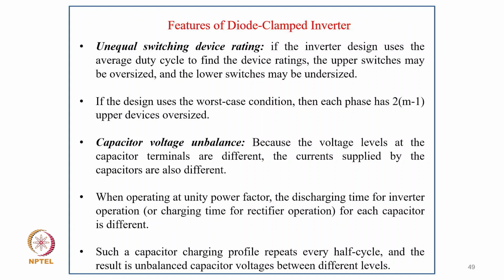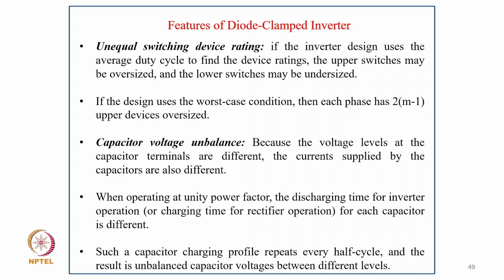Coming to capacitor voltage imbalance: because the voltages at the capacitor terminals are different, the currents supplied by the capacitors are also different. When operating at unity power factor, the discharge time for inverter operation, or charging time for rectifier operation, for each capacitor is different. Such a capacitor charging profile repeats every half cycle, and the result is unbalanced capacitor voltage between different levels.